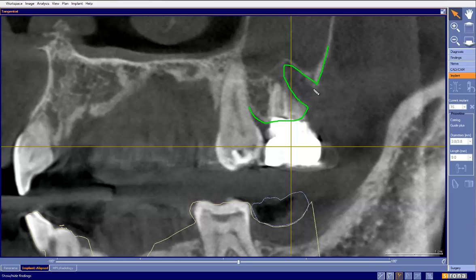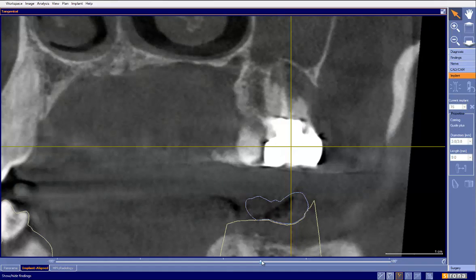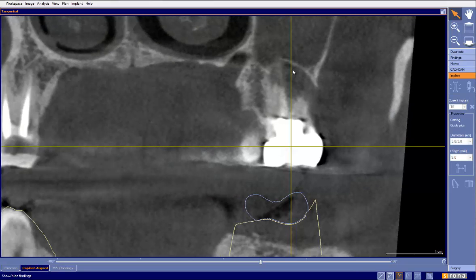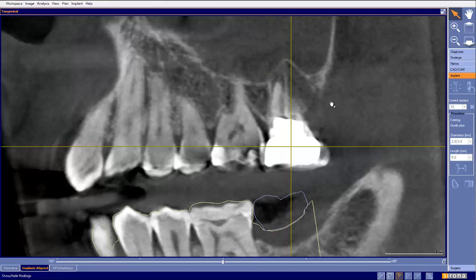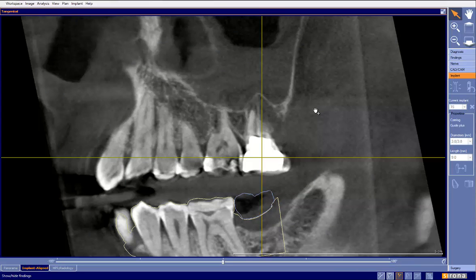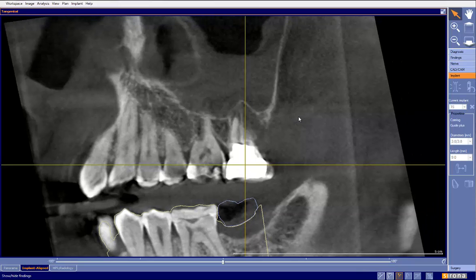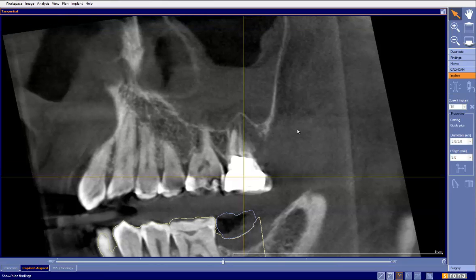So there's a good chance that this tooth has a significant infection, significant bone loss associated with it, and makes me very concerned. And you can see it right here. That's a pretty darn big infection. So my gut feeling right away is that this tooth is not a good candidate for immediate placement from a bone perspective.